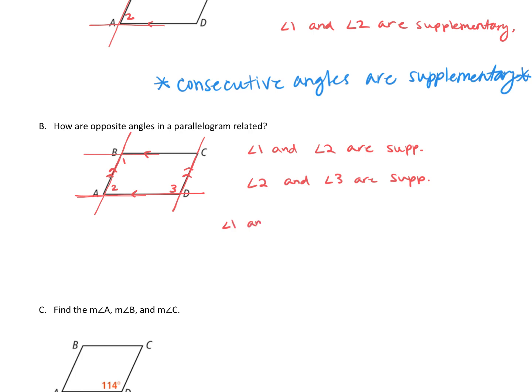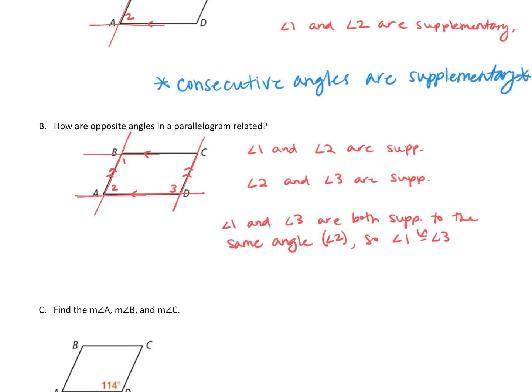Angle 1 and angle 3 are both supplementary to the same angle, in this case, angle 2. So that means that angle 1 has to be congruent to angle 3.